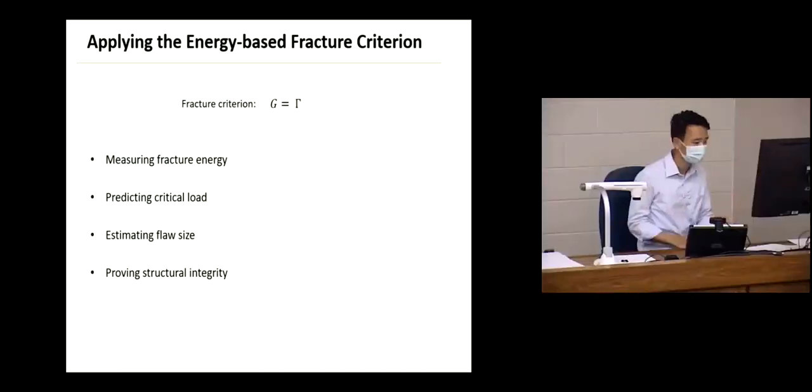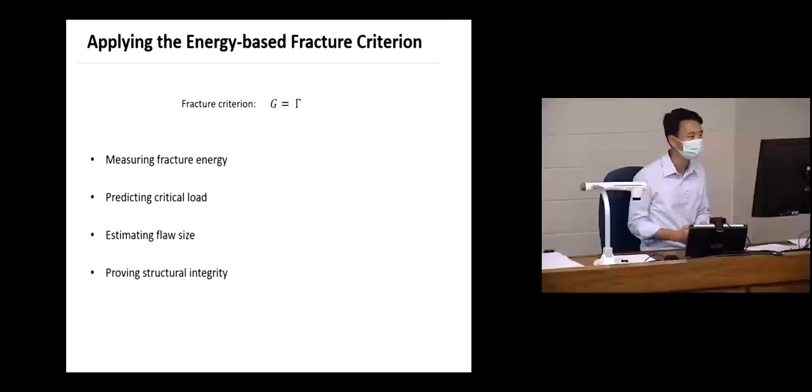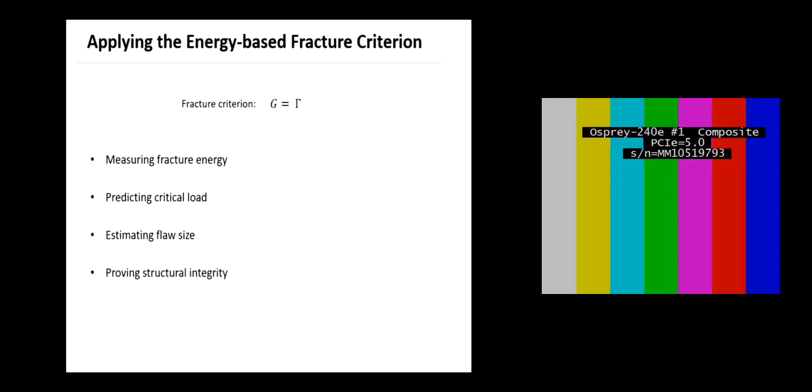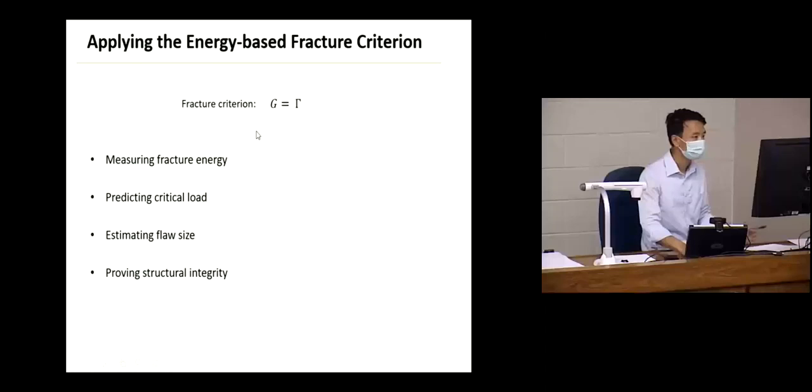Sometimes you may not be able to change the flaw size because the manufacturing process cannot be changed. And sometimes you cannot change the load being applied, because that is the design criterion that it has to take a certain load. So these are different aspects of the fracture criterion. So sometimes you can change things, and you can now divide the labor.